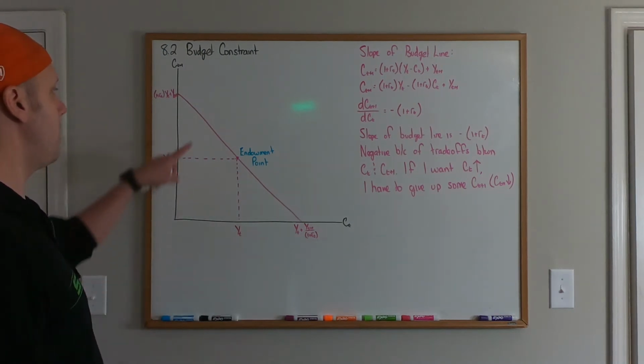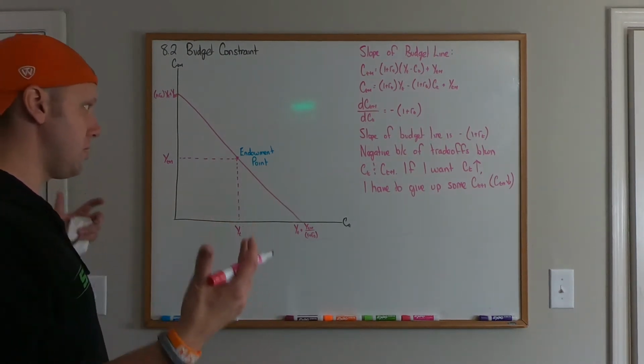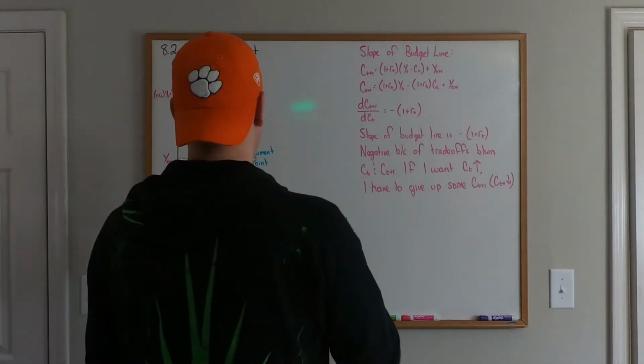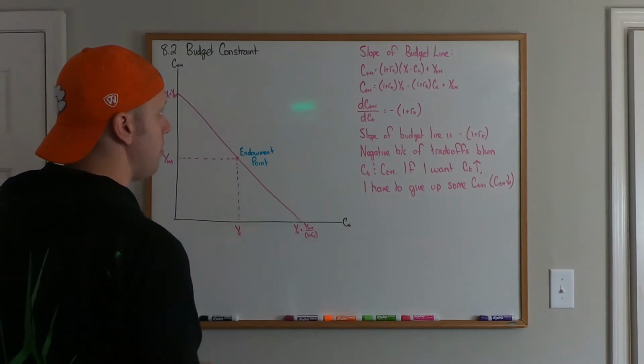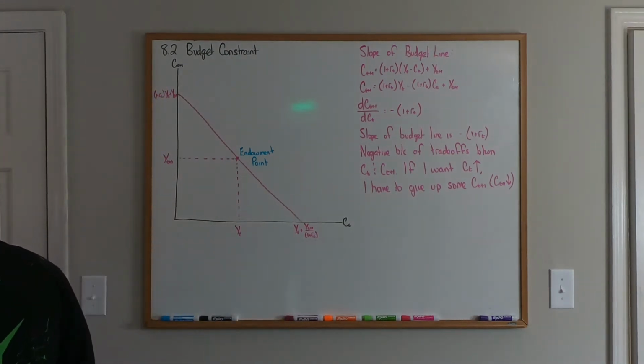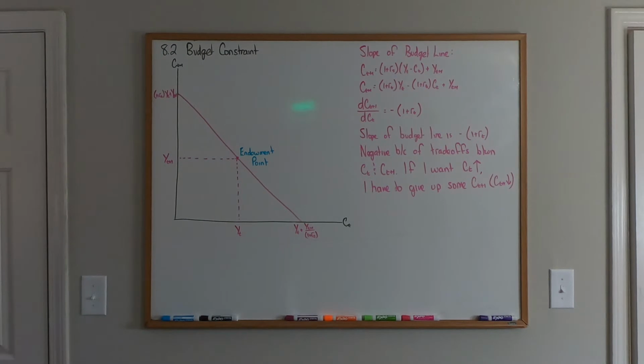If you pick a point here and a point here, you'll see that the slope of this has to be negative because we face trade-offs. So because of these trade-offs, we get a negative budget line, which is interesting. It tells us that if I want to consume more tomorrow, I can't consume as much today.